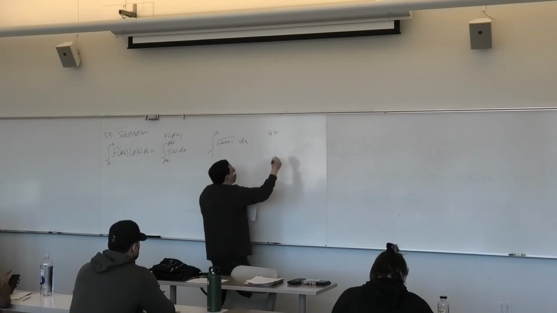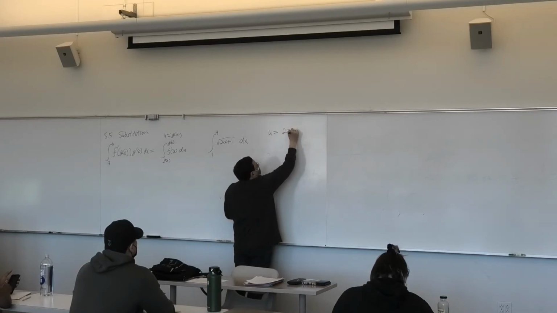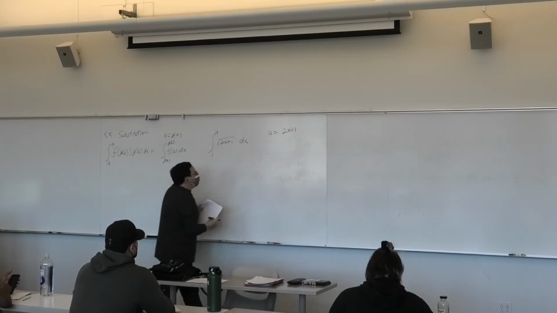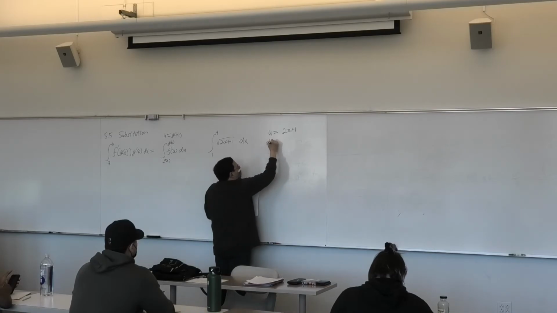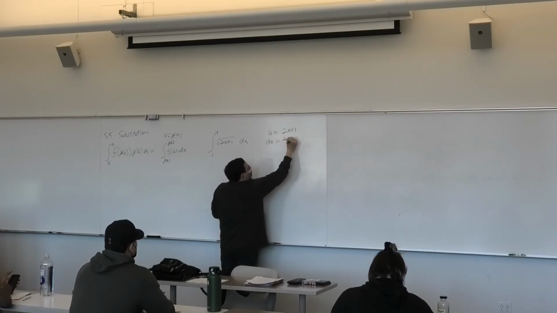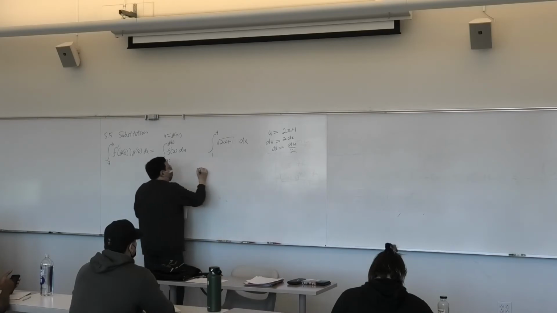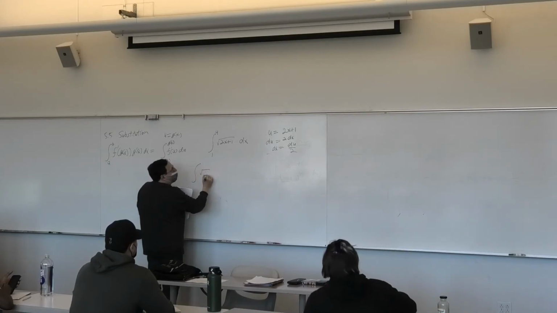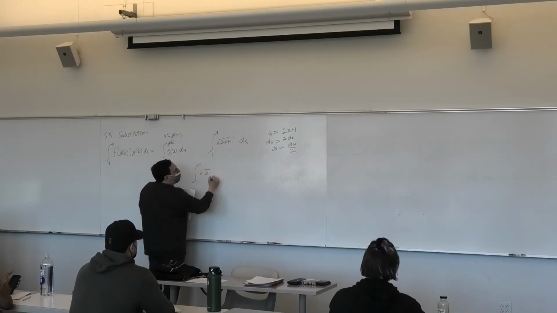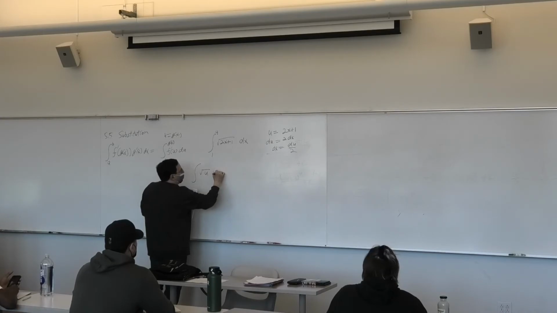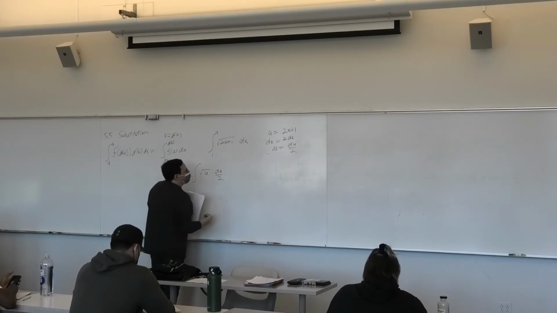I guess we could just say u equals 2x plus 1. So du is 2 dx, or dx equals du over 2. And this becomes what? Square root of u times du over 2.